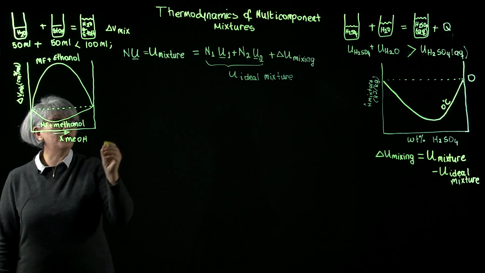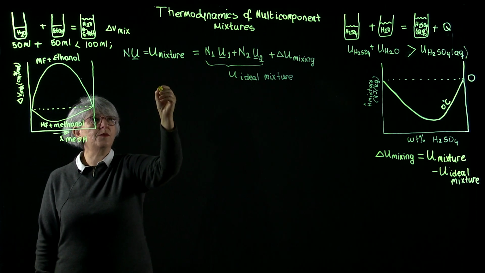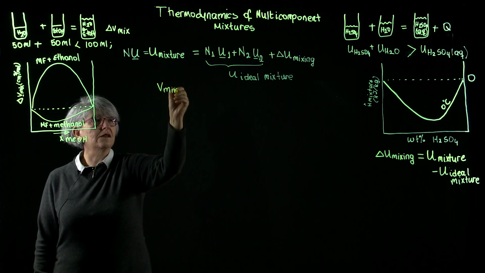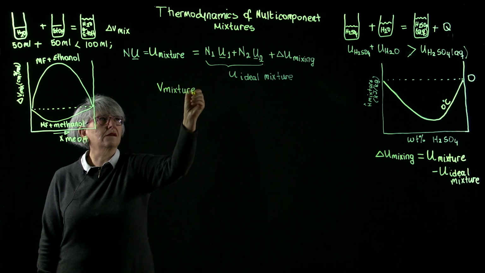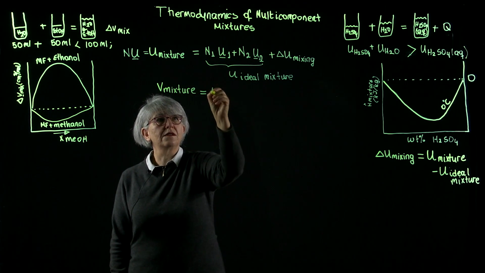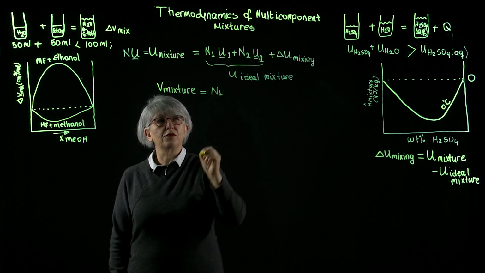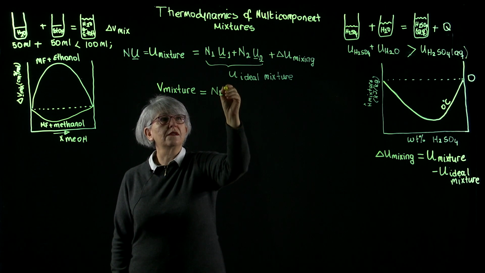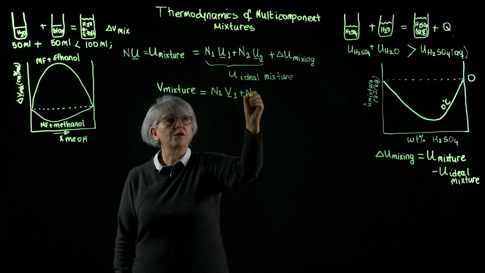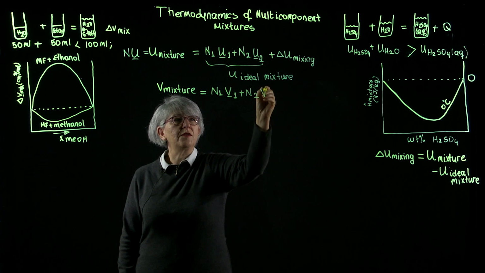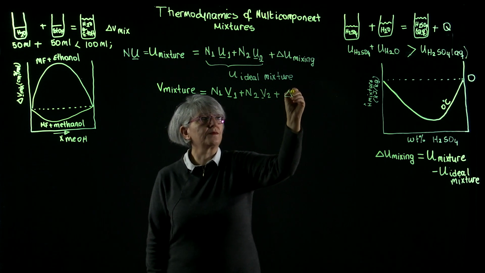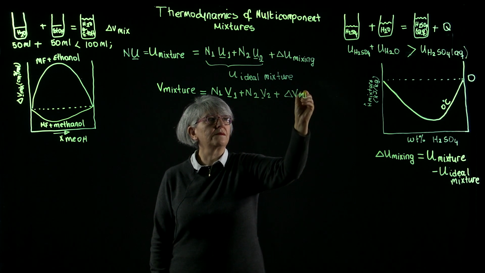The volume of the mixture, let's derive the expression first of all. The volume of the mixture is equal to, if it were an ideal mixture, number of moles of component 1 times specific volume of component 1, plus number of moles of component 2 times specific volume of component 2, plus volume change upon mixing.